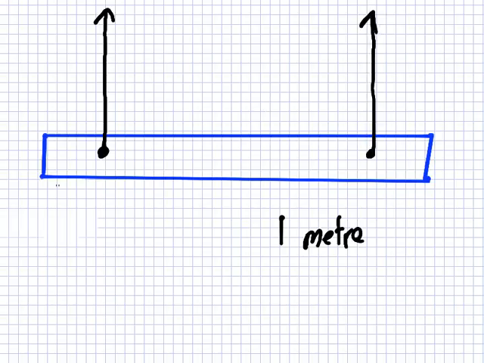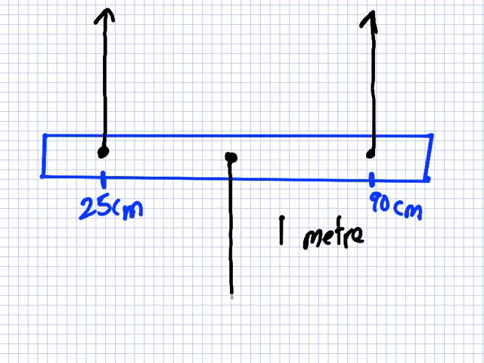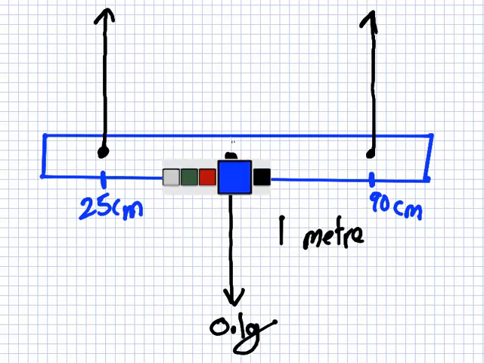Okay, look. So this is the 1 meter. And then what you have is a string here and one here. And I said here to here, this is at the 25 centimeters. And what did I say this one was? 90 centimeters. And what did I say the weight was? 100 gram. So this is 0.1 kg. And where is that?